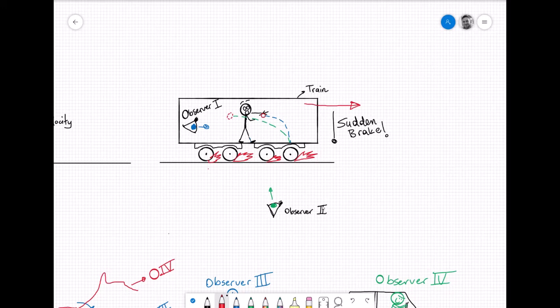Observer 2 also sees that the ball is following a curved trajectory, but this time, since the train was moving, we know that the train is decelerating because of the brake, but it still continues to go in the horizontal direction. Therefore, observer 2 will see a longer trajectory for the ball.